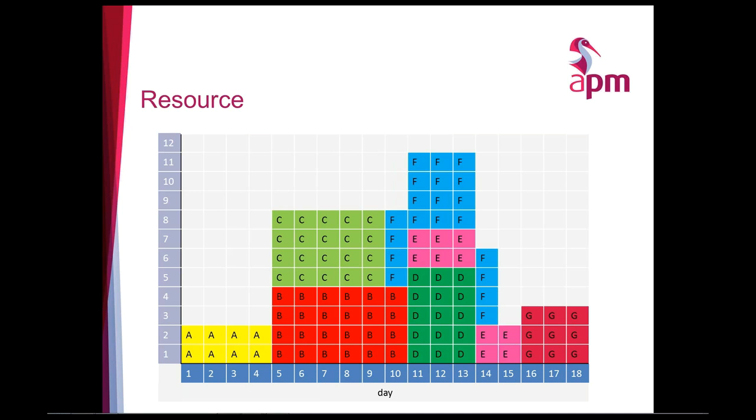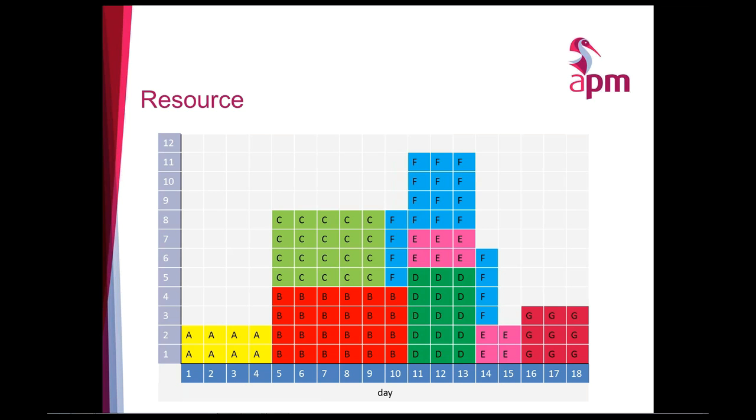Just looking at that as a histogram, you can see it's not very well utilized in terms of resources, because we've got peaks and troughs. There's not much resource utilization in days 1 to 4, and on day 15 you don't require many resources. However, in days 11, 12, and 13, you've got this peak.